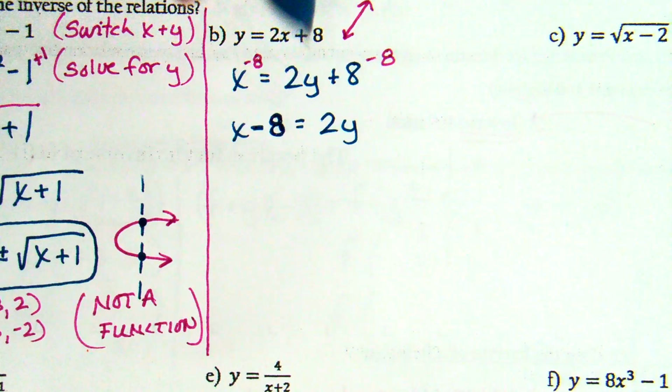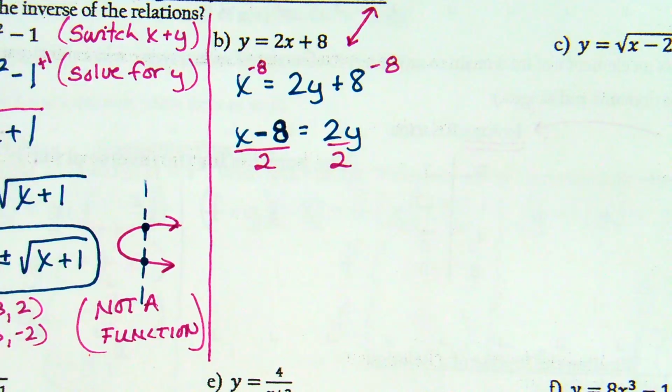Okay. Final step to solving for y. Would you divide it by 2? Yep. Divide by 2. If it's 2 times y, we're going to divide by 2. If we divide one side by 2, divide the other side by 2. Now, there's a couple of different ways we can do this.